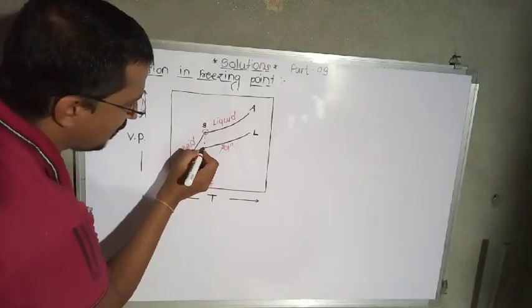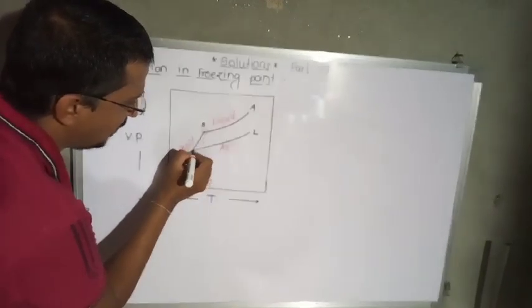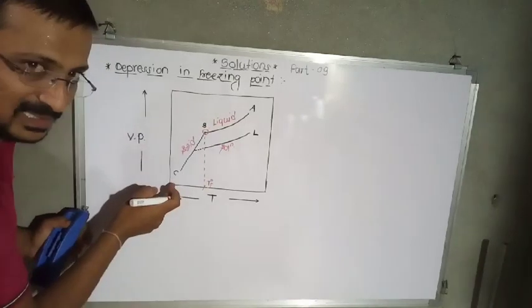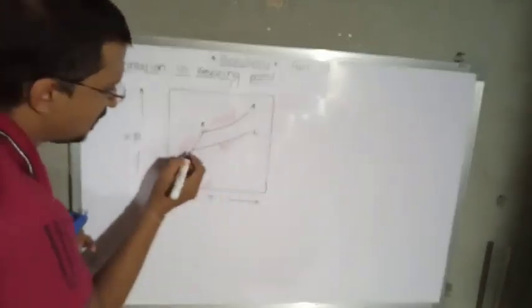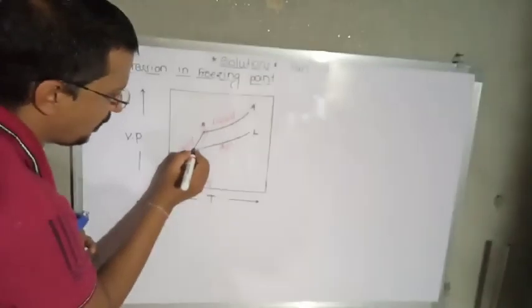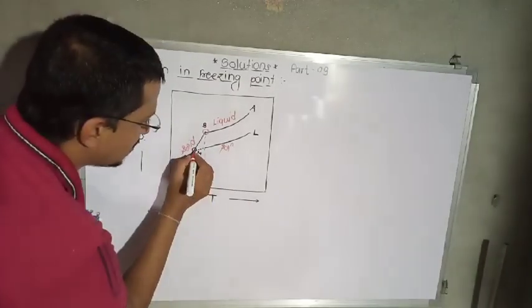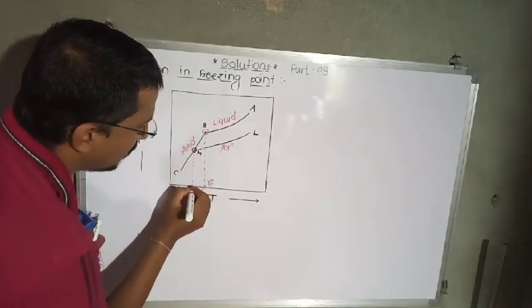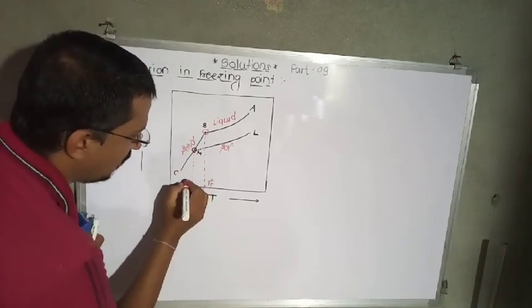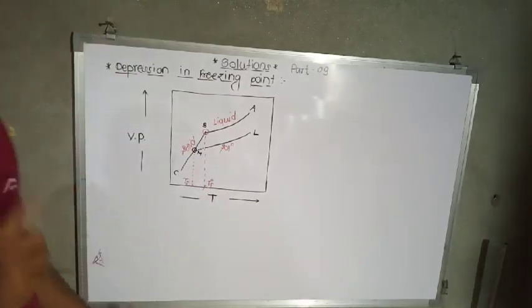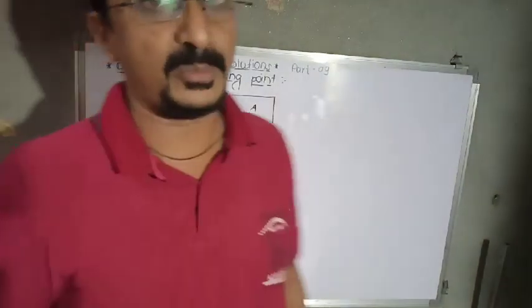So still, if you decrease it, then it crosses or intersects the line BC, and at this point, suppose this is M point, at M point the corresponding temperature, that temperature we call TF, and that TF is the freezing point of solution.